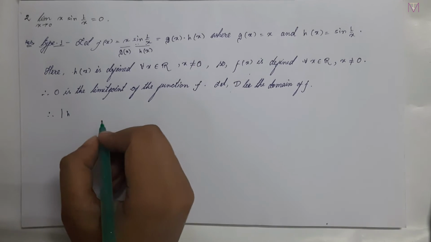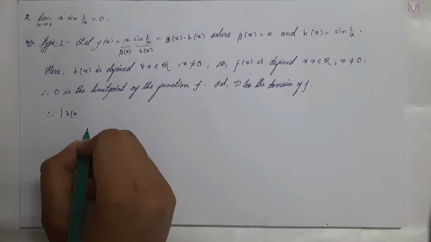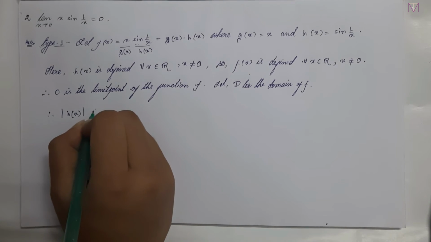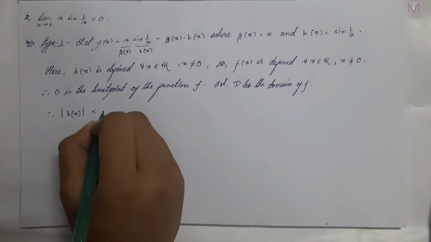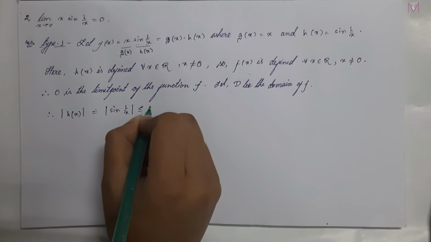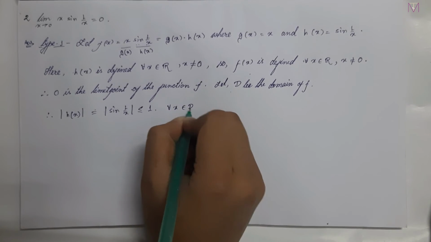So we can say mod of h(x), therefore mod of h(x) is equal to mod of sin 1 by x, less or equal to 1, for all x belongs to D.